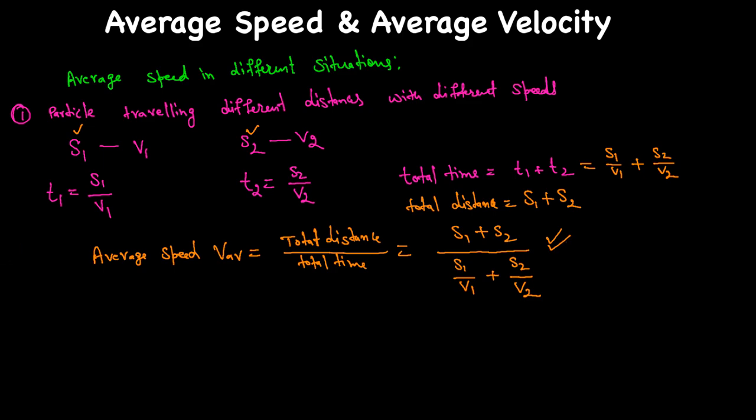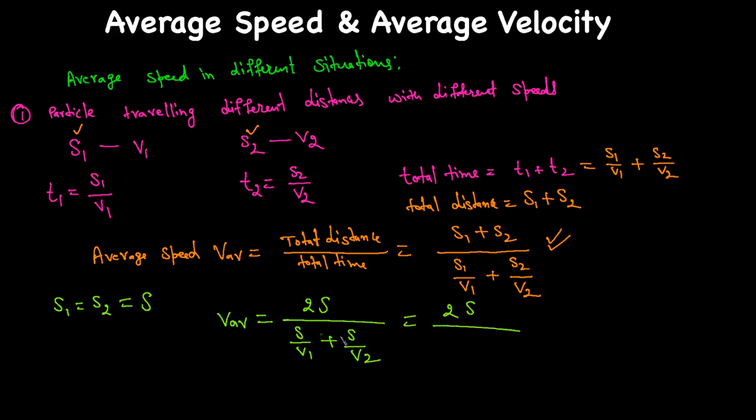Now let's say the particle is traveling the same distance, so s1 is equal to s2, and both are equal to s. The formula for the average speed becomes s plus s, which gives 2s, divided by s over v1 plus s over v2. Let me solve it here.